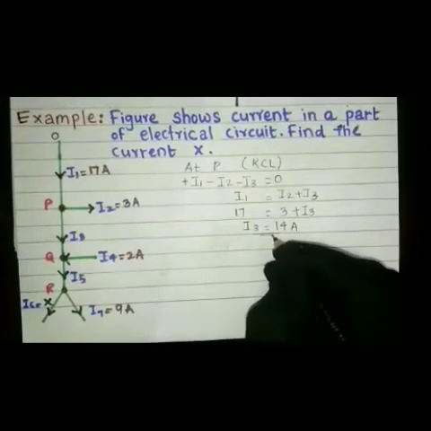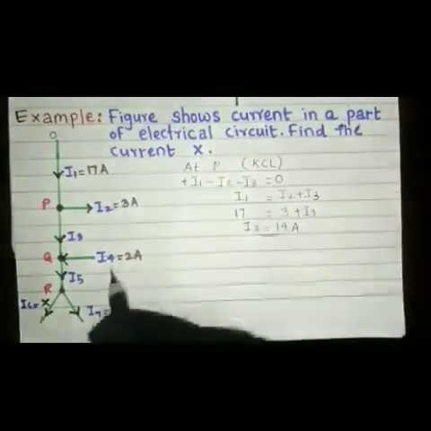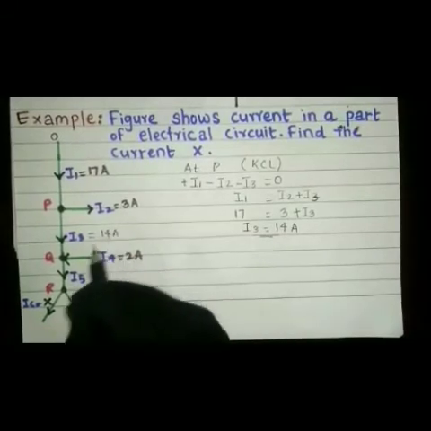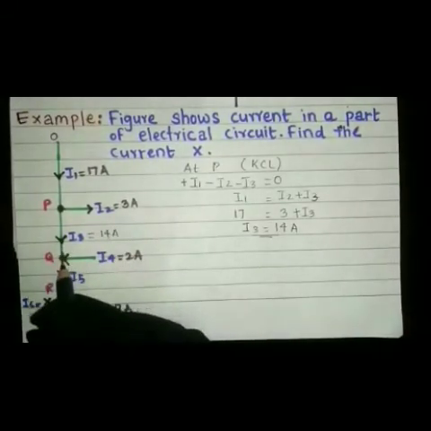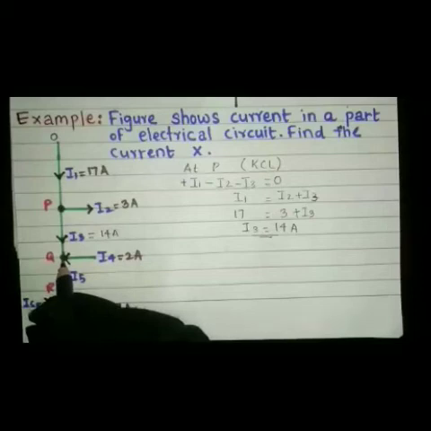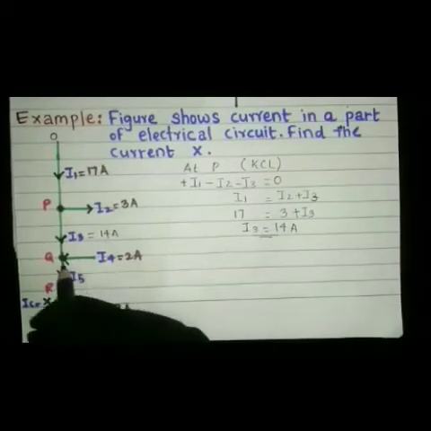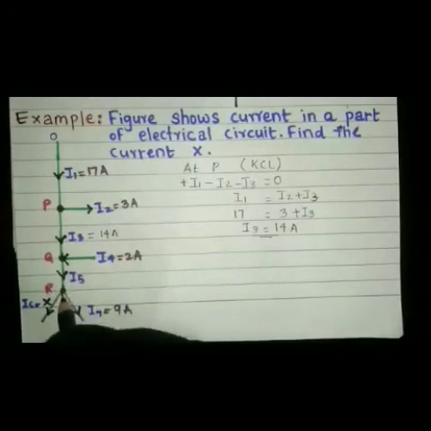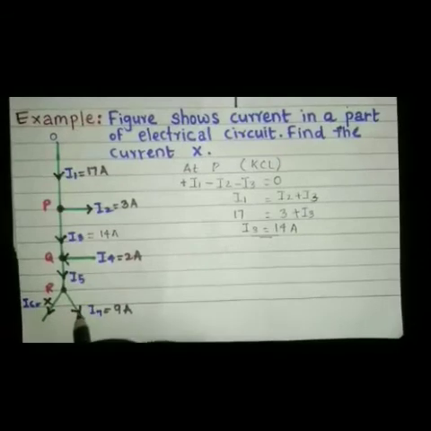But what we have to find? We have to find X. So see, we have got I3, this is 14 ampere. Now further, this I3 is arriving at the junction Q, and at junction Q I4 is arriving. Further you can see I5 is away from the junction, and it is divided into I6 and I7.